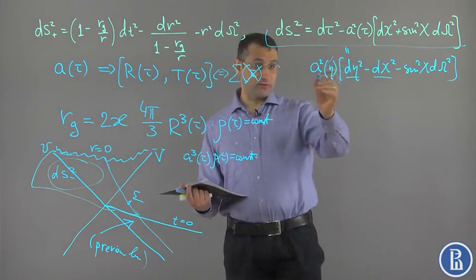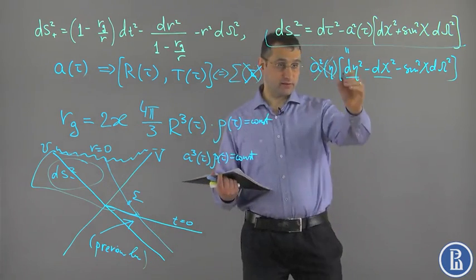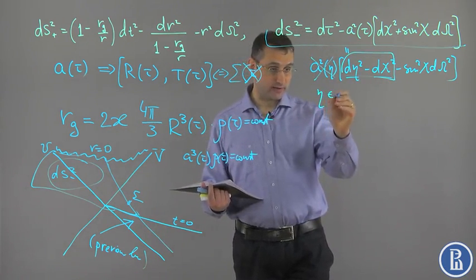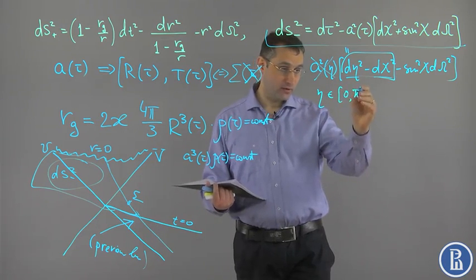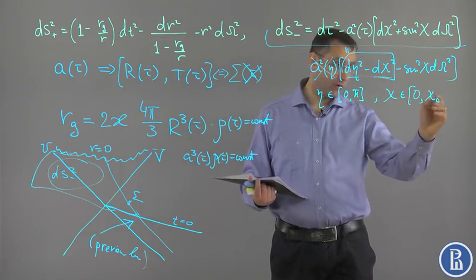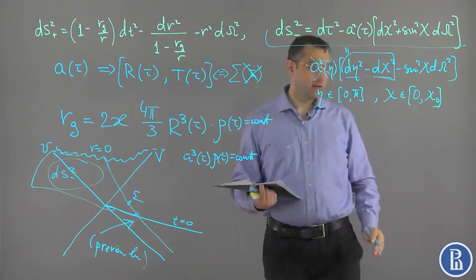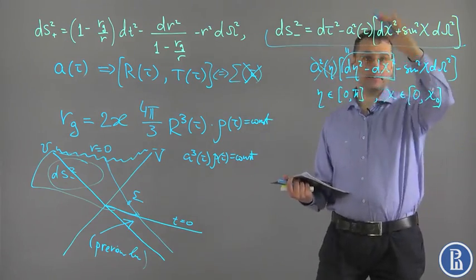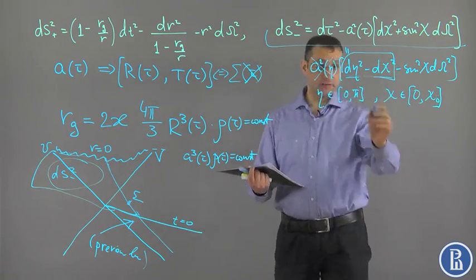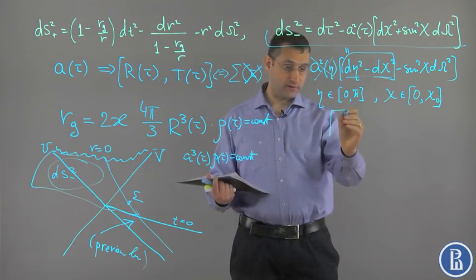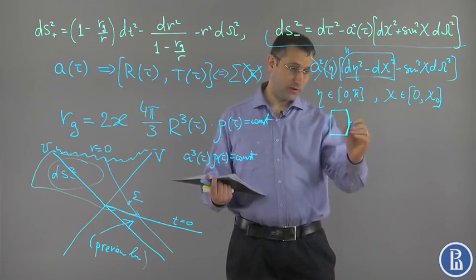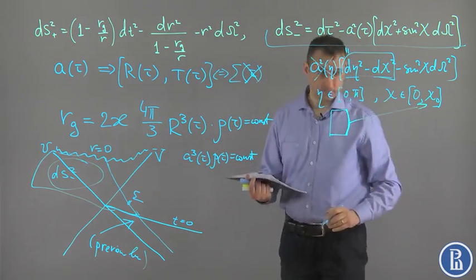We can drop off this metric and consider this space-time itself, but we have to bear in mind that eta is ranging from 0 to pi, while chi is ranging from 0 to chi 0. Chi 0, remember, defines the surface of the star in this metric. As a result, this is just a part of the square, where this corresponds to chi 0.